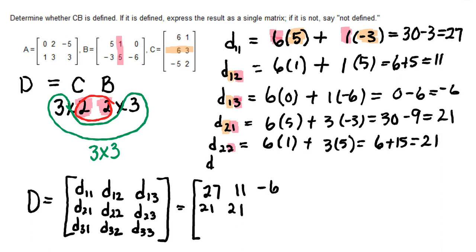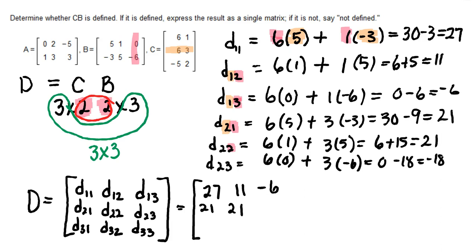And let's do D23. So we're keeping the row the same, but now we're going to do column 3. So that's 6 times 0 plus 3 times negative 6. 0 minus 18 is negative 18.